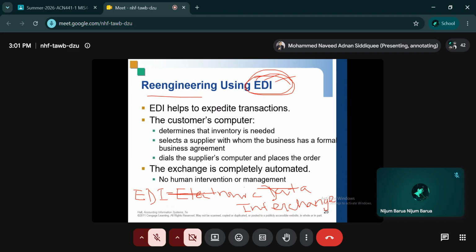Can you understand my handwriting? Yes, sir. Okay, so it's electronic data interchange, EDI, very important, right? So EDI is electronic data interchange.